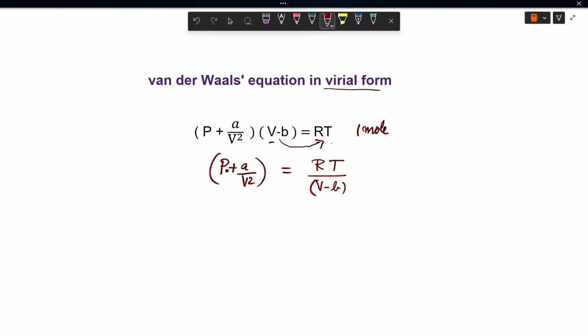Okay. Next, I am going to keep P here and I am going to take a/V² to the other side. Here it is addition, and therefore, when it goes to the other side, that becomes subtraction. P = RT/(V − b) − a/V². Okay.